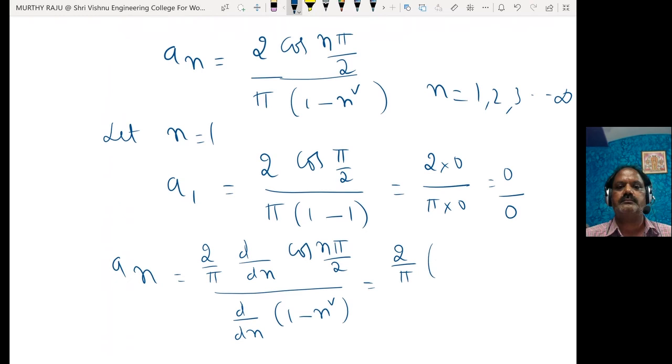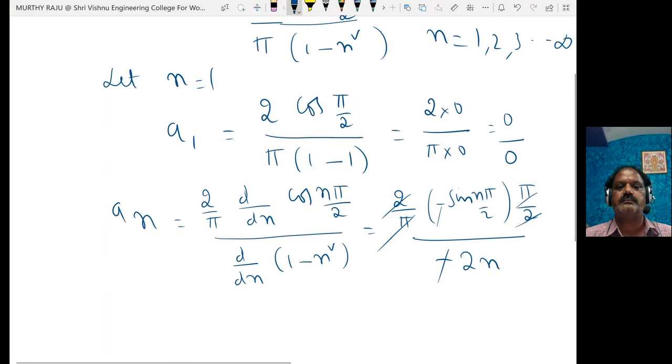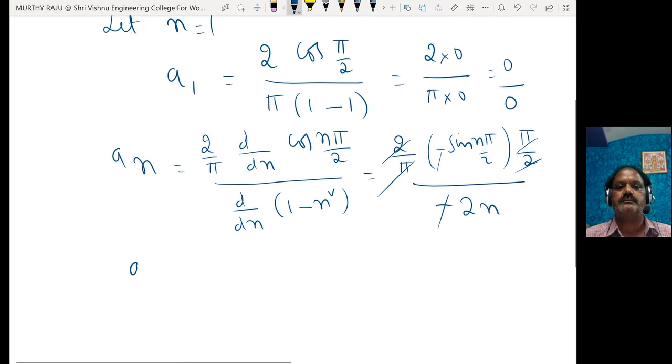Differentiation of cos n pi by 2 is minus sine n pi by 2. Differentiation of n pi by 2 is pi by 2. Differentiation of 1 minus n square is minus 2n. The 2 cancels, pi cancels, minus minus cancels. Therefore, an is equal to sine n pi by 2 by 2n.